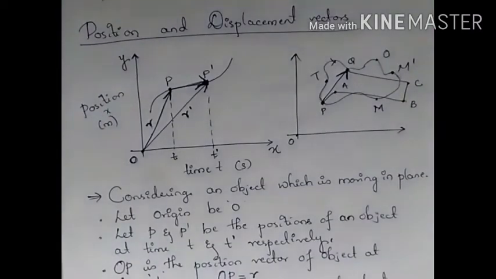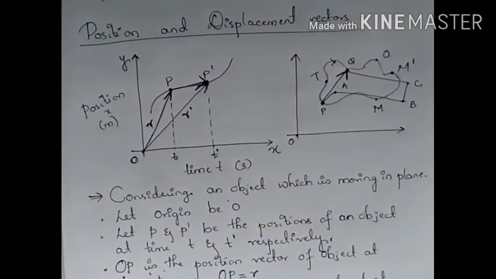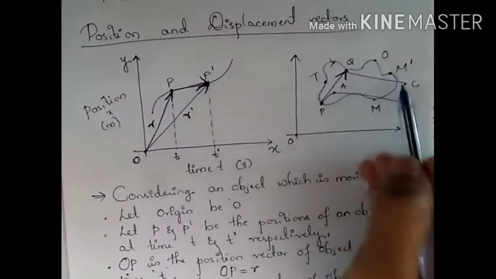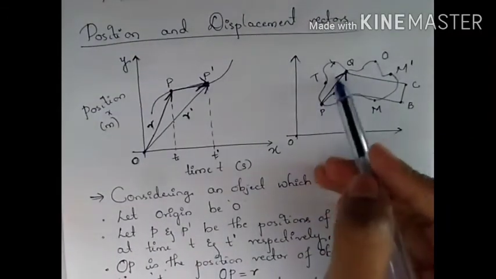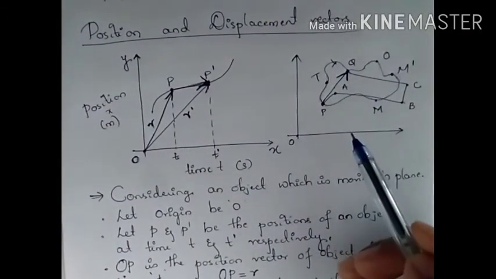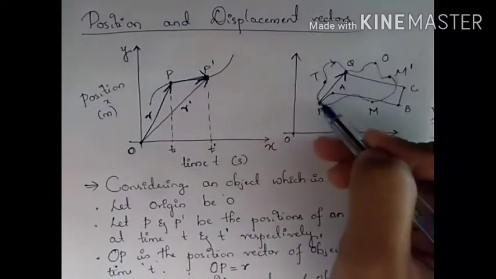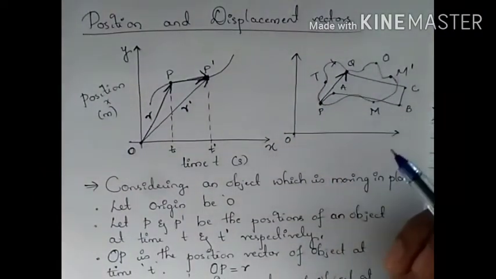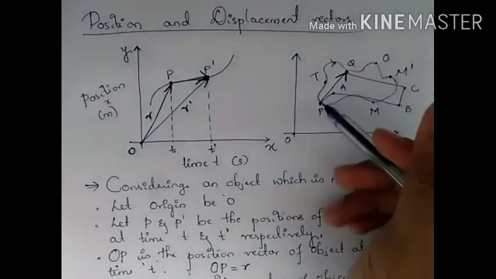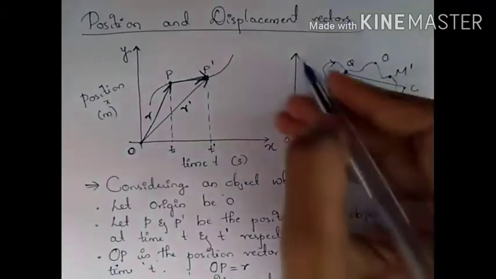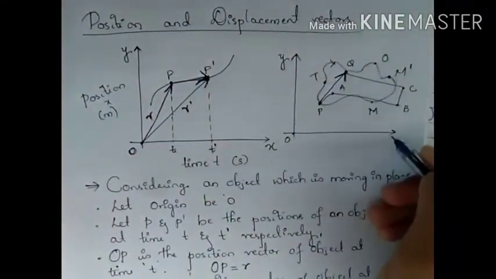So from this it is clear that the magnitude of displacement is either less than or equal to the distance, but the displacement cannot be greater than the distance. So here PQ represents a displacement vector for the motion of the particle in a plane, not space.